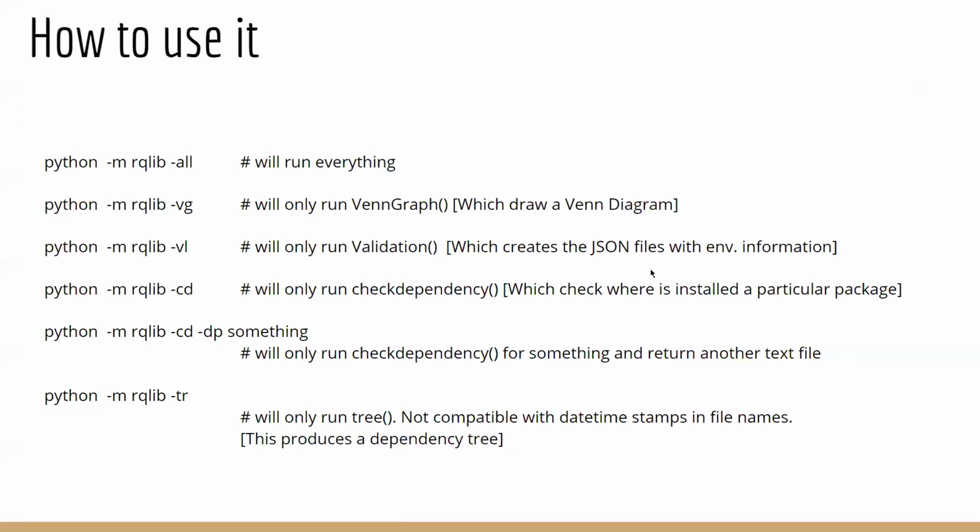So this is how you use it. For example, if you wanted to run everything, you would go python -m rqlib --all. Keep in mind that for simplicity, we did not choose to run things in pipenv shell.